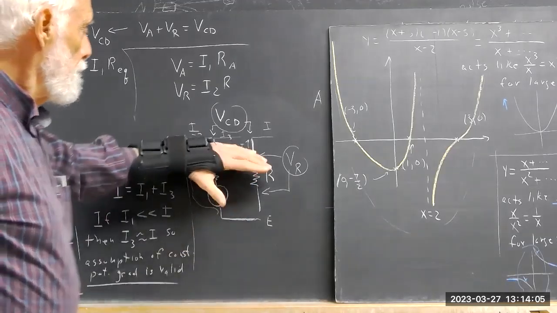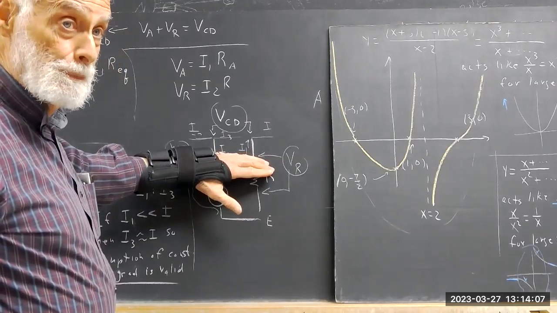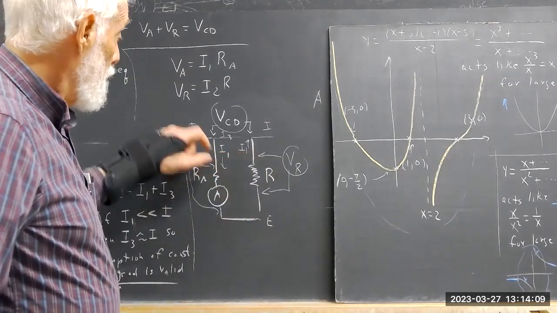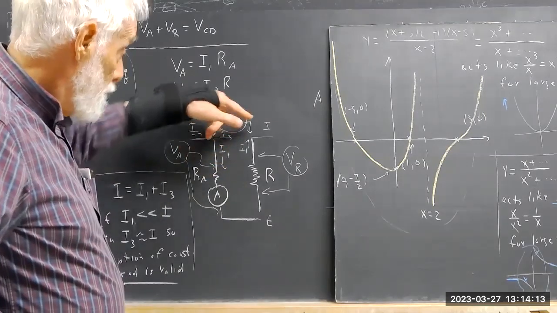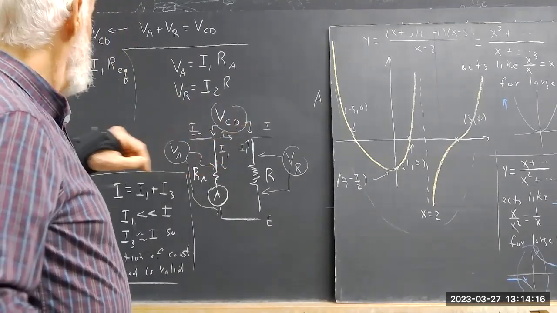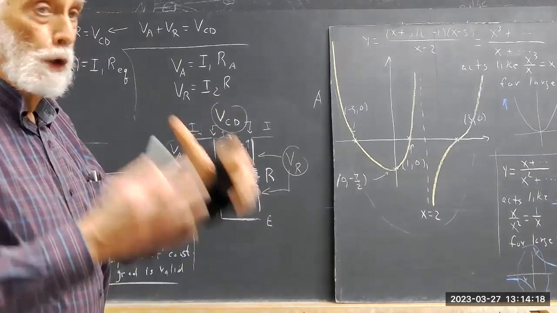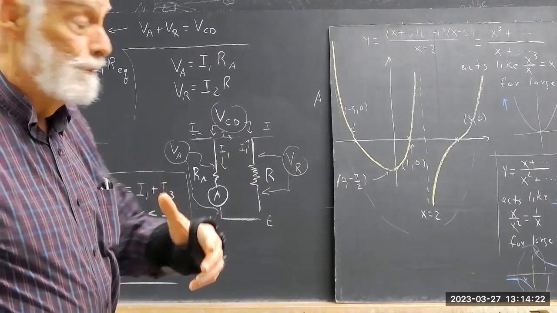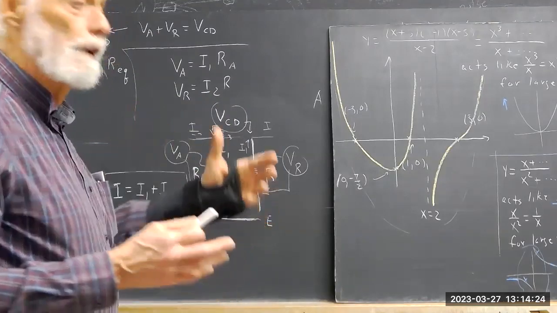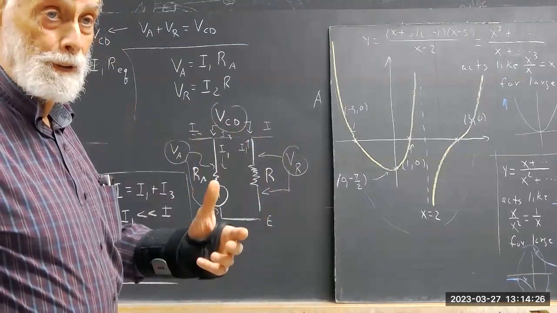If you just put this in a black box and put an ammeter here and a voltmeter here, then you're going to get a current and a voltage.